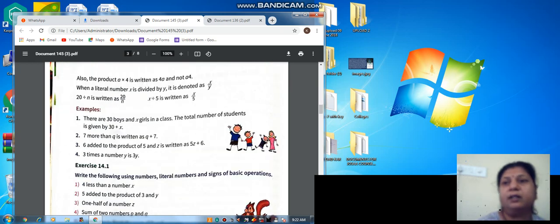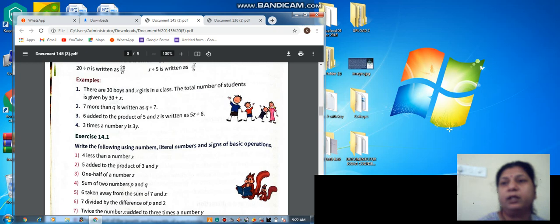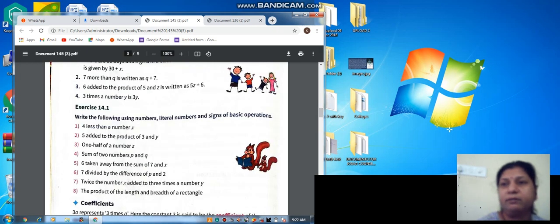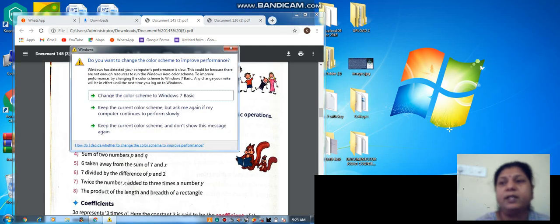Okay, in exercise 14.1, the statements are given and we have to form them using the basic operations. Suppose we are taking here 6 taken away from the sum of 7 and x. So here are two operations. First is the sum of, that means we have to add 7 plus x.